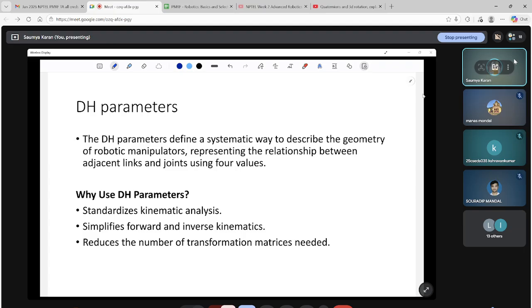But before that, everyone is aware that there are modeling and analyzing. What do you want to model?